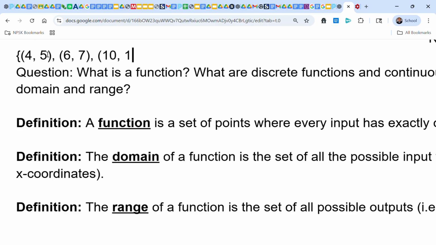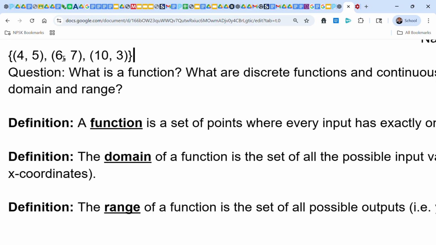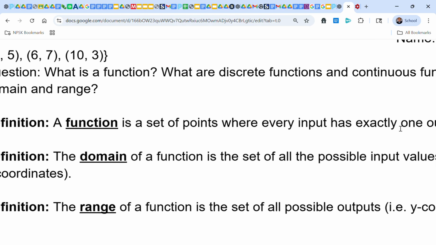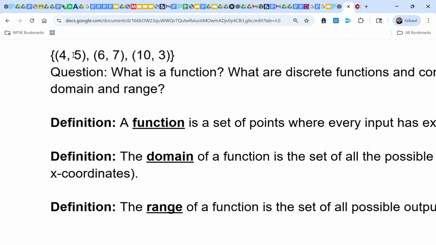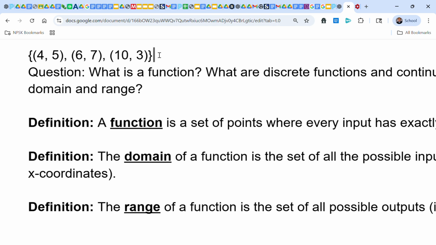And this right here is a point. And we see every input, so 4 is an input, 6 is an input, 10 is an input, has exactly one output. So 4 gives you 5, that's my output. 6 gives you 7, that's an output, and 10 gives you 3. So that would be a function.